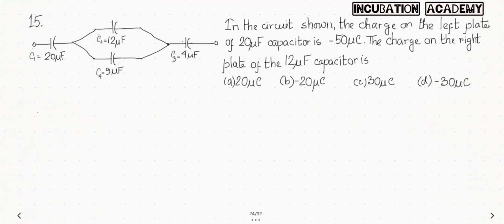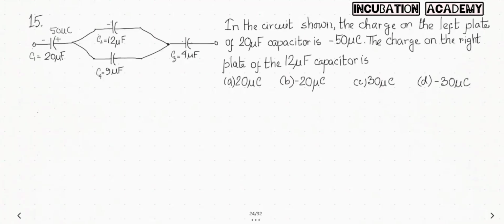Now, the left plate of the 20 microfarad capacitor is the minus and this is the plus, and if the left plate has minus 50 microcoulomb charge, then we can say the capacitor has 50 microcoulomb charge. Plus 50 microcoulomb on the right plate and minus 50 microcoulomb on the left plate.